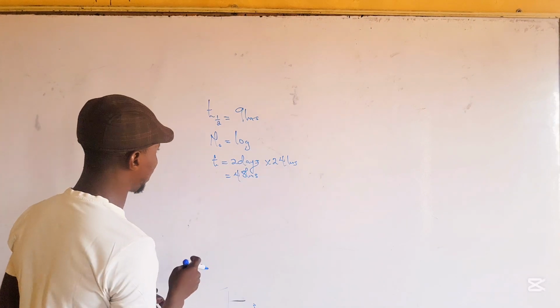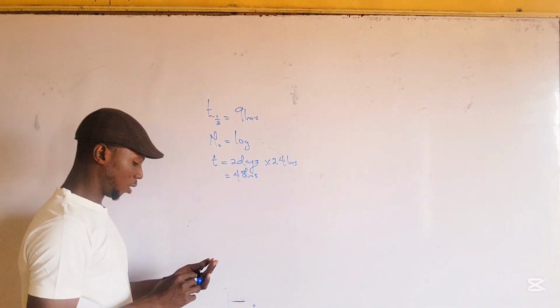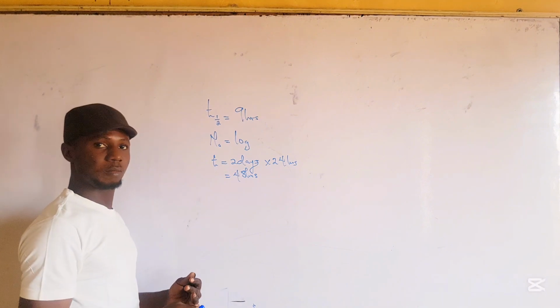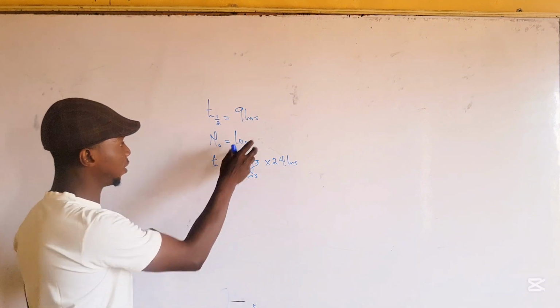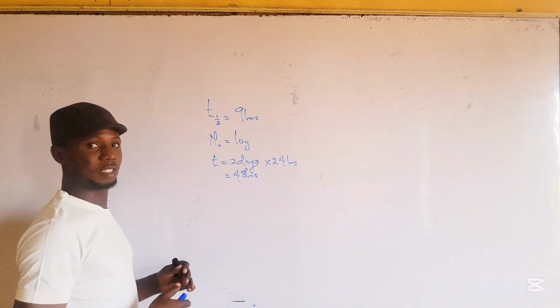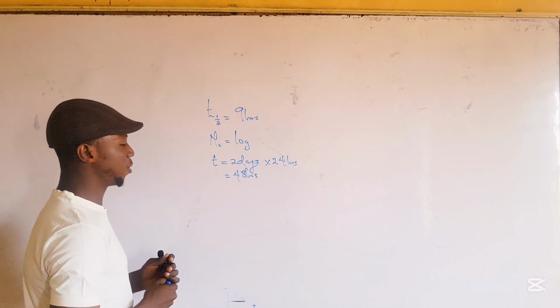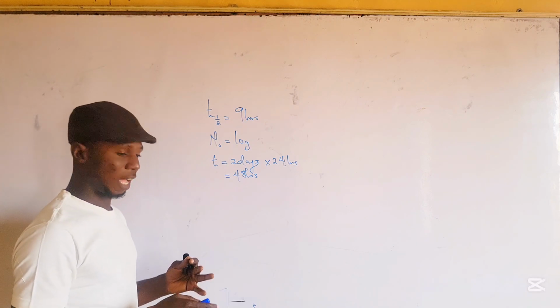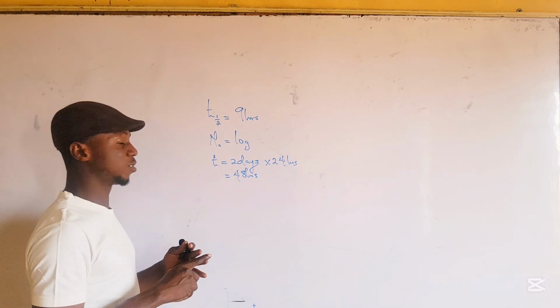So for us to calculate the part that decayed, what is the amount of this 10 gram that decayed? Now, the difference between amount that decayed, initial amount, and amount left.